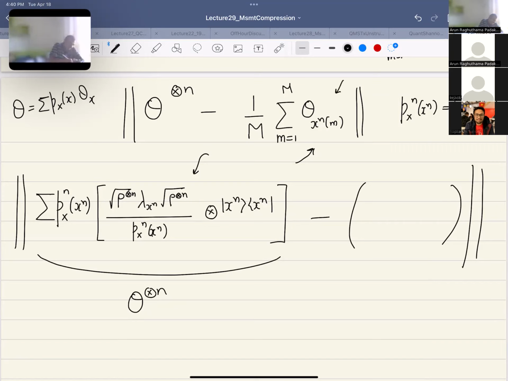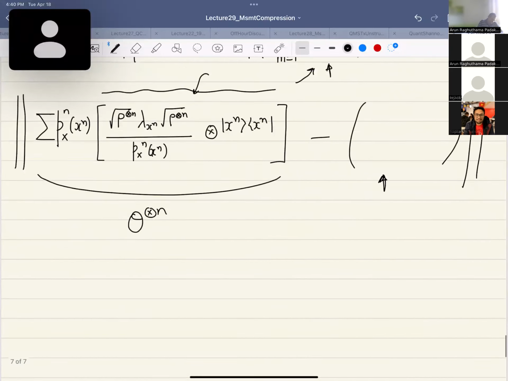We will pick these states uniformly at random, just like we picked here, and we will mix a number of them to show that you can get arbitrarily close to this. And then somehow we need to come up with a measurement compression strategy that will end up giving you that. Okay, so let me go ahead.